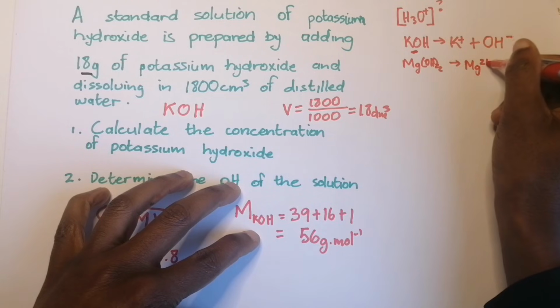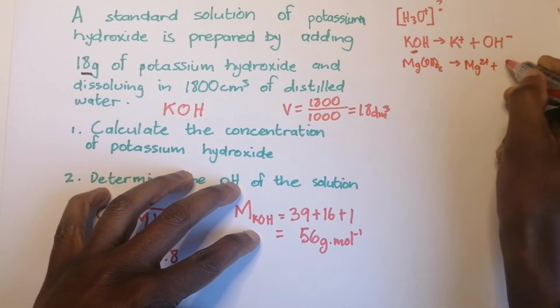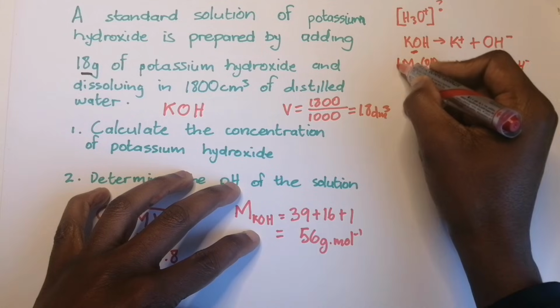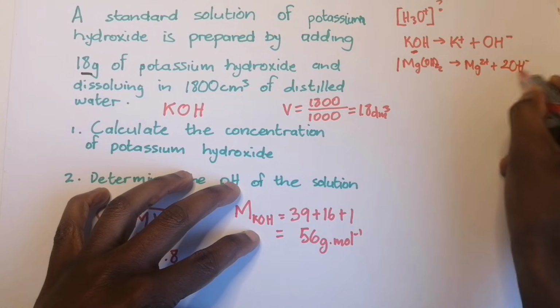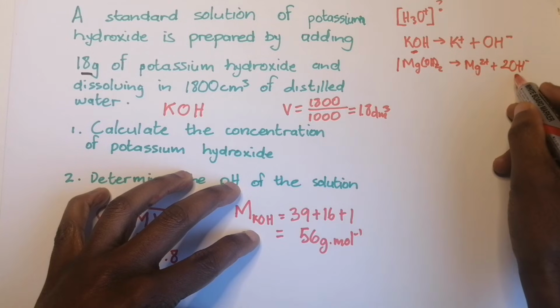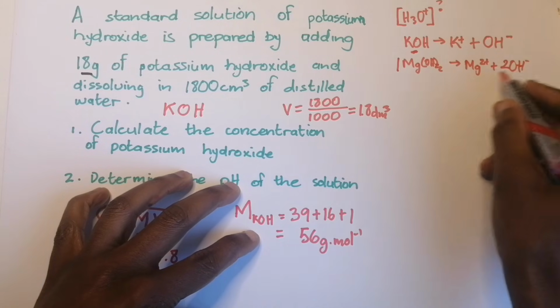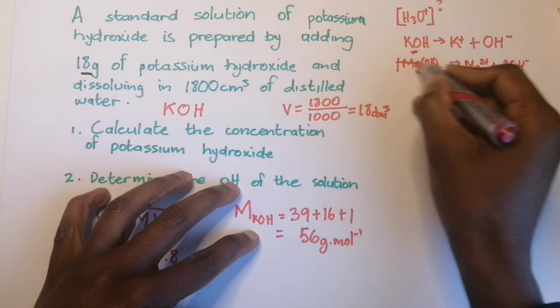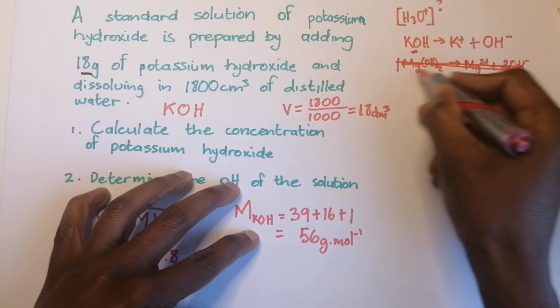Magnesium hydroxide would have given you 2 hydroxide ions, so for every one of this, you get twice the number of hydroxide ions. To get hydroxide ions, you'd actually multiply the concentration by 2. But in this case, we're not there yet.